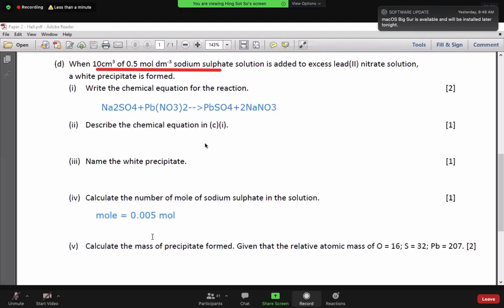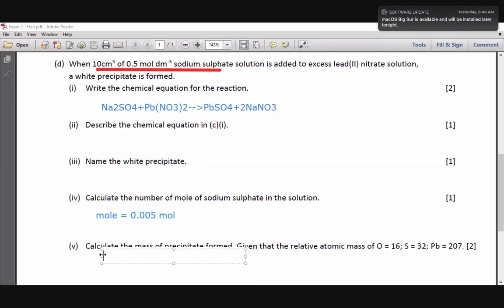You can see from the equation here, so you have to write this statement as well from the equation: 1 mole of Na2SO4 producing 1 mole of PbSO4. You have to mention it, even though it's very rubbish.